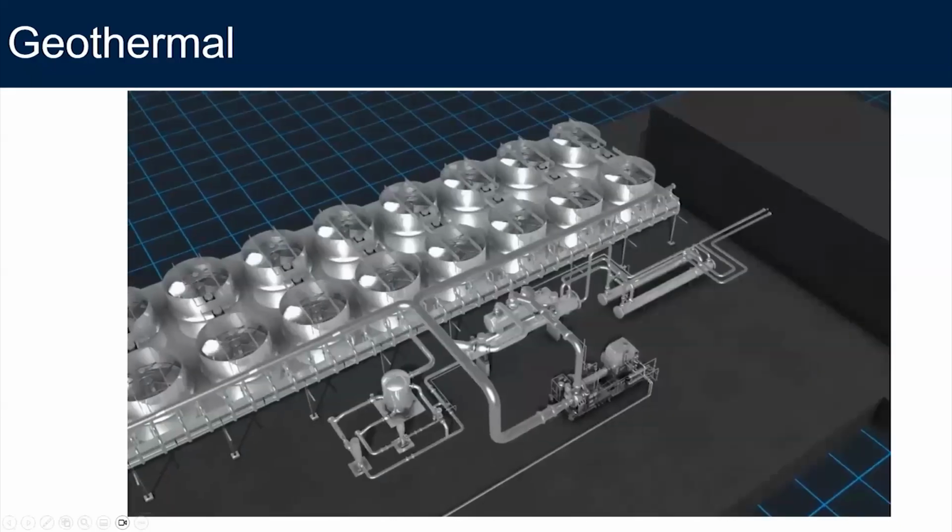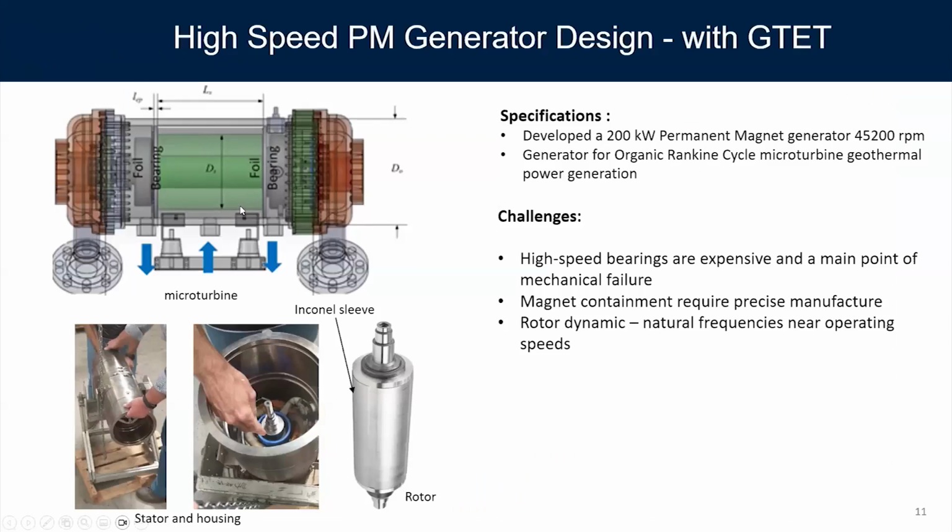So this is one of the designs that we did for one of the companies that work with geothermal power generation. The machine that we designed was a direct drive. It didn't have a gearbox, so the machine needed to run at 45,200 RPM.